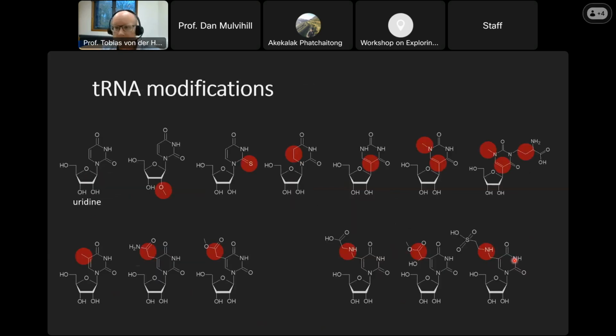So one of the problems we encounter in doing this is that in tRNAs, nucleotides are very heavily modified. Just to illustrate this, I've shown you here some of the uridine modifications that exist. Most of these exist, but not all of them exist in baker's yeast. Some of these are evolution domain specific. So here's a plain vanilla uridine, the uridine that you find in any RNA.